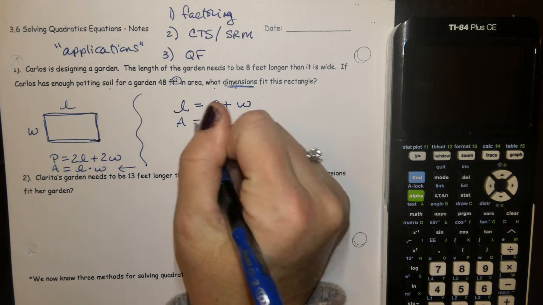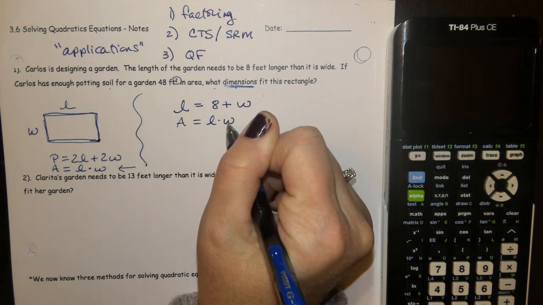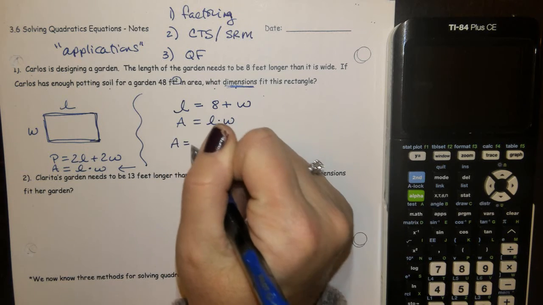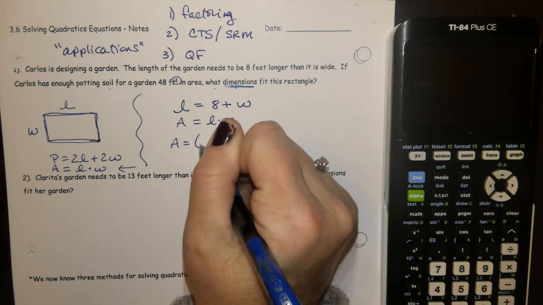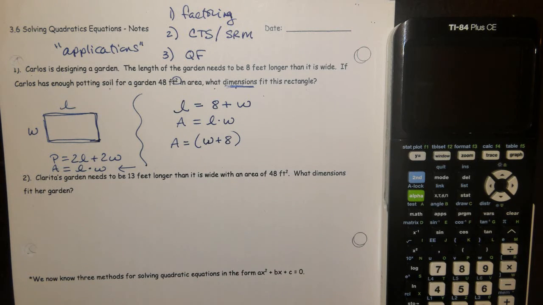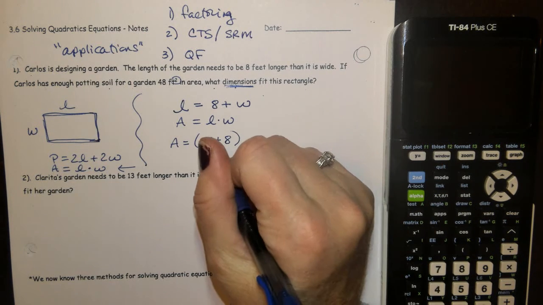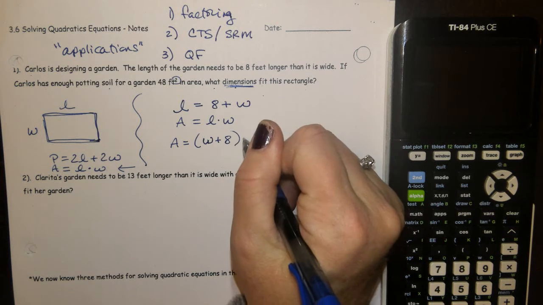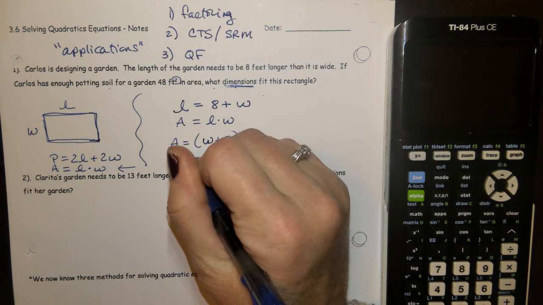So if the area is length times width, the area of this rectangle is going to be the length, 8 plus W. I'm just going to rewrite that using the commutative property and put the W first: the width plus 8, because you can add in any order. So the length times the width is equal to the area.